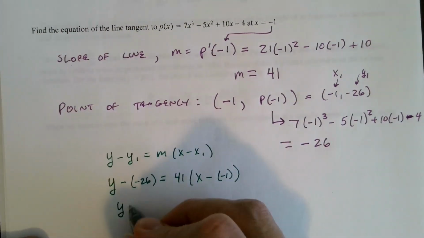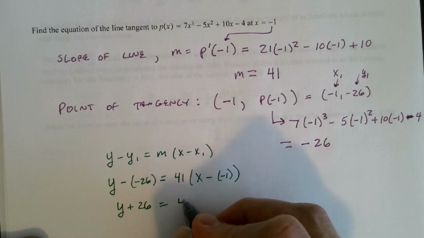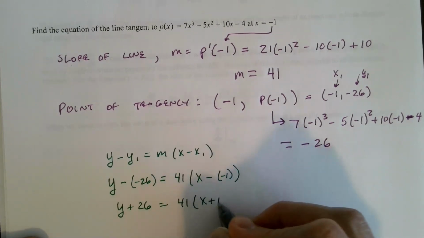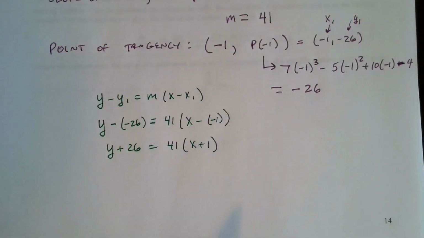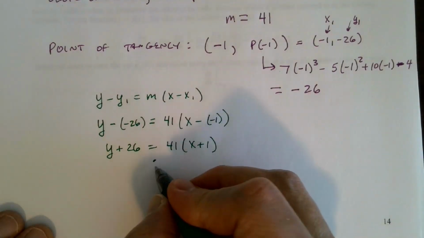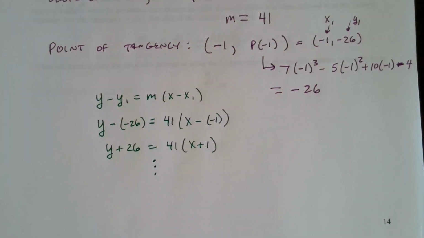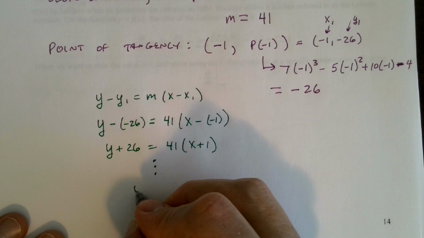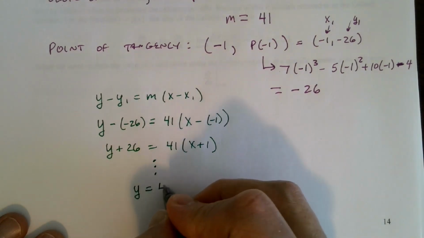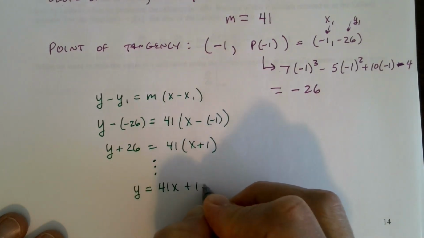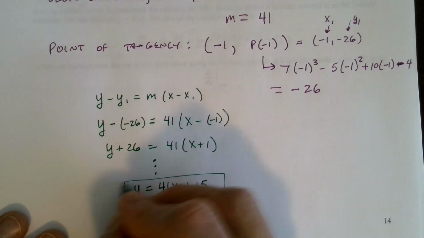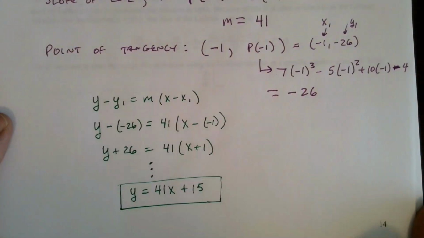I get y plus 26. There's my equation. And I'll let you solve for y. I'll let you fill in the steps there, but you should be getting 41x plus 15. There's the equation of the tangent line.